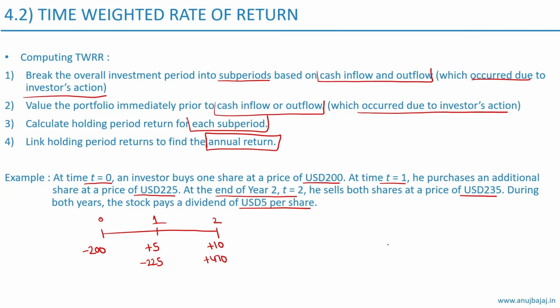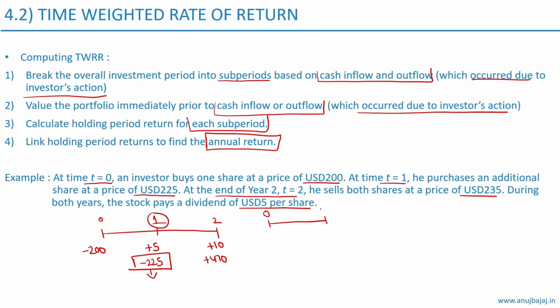Now let us break this entire investment period of 2 years into sub-periods based on the cash flows. So our first sub-period starts from time 0 and it ends at the end of year 1. At the end of year 1, the investor purchased a share for $225. So our sub-period ends right before the investor purchased the share.